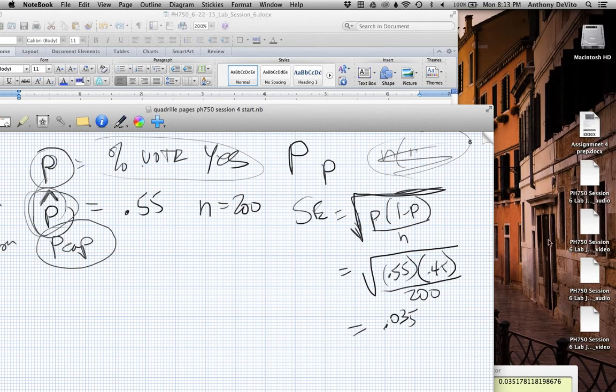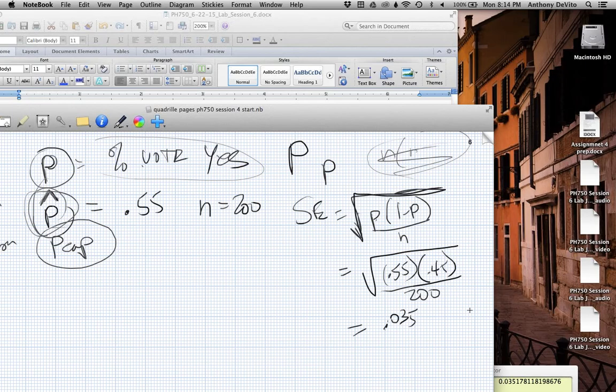So I'm hoping you guys online, all I did there was multiply 0.55 times 0.45, divide the answer by 200, and then take the square root of that. You'll notice that when you take a square root of a fraction, it actually comes out bigger rather than smaller. It came out to be 0.035. So the standard error is 3.5%, 0.035.